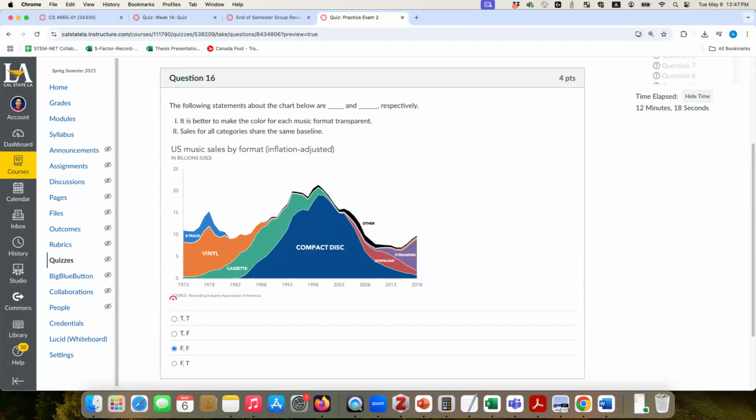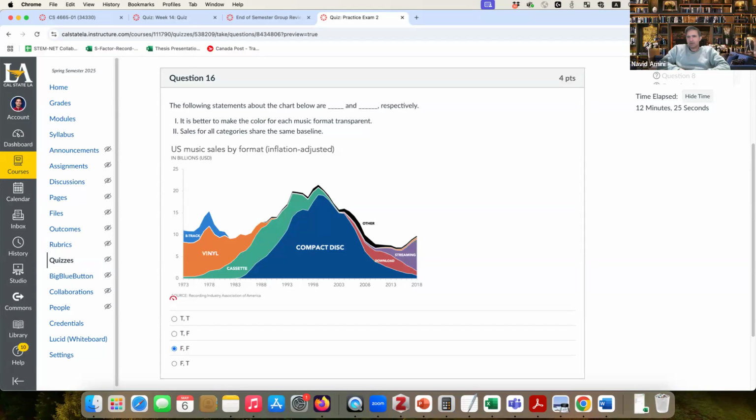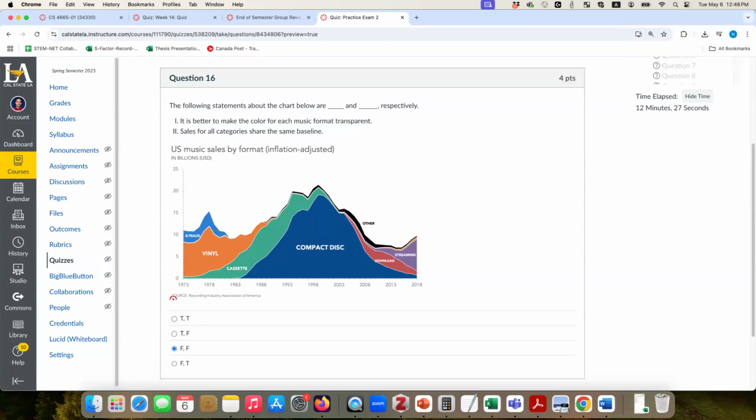So on the left side, it's value in dollars and billions, and it's over a timeline. So for 8-track, at the same year, it's both at 10 billion and below, above 10 billion and below 10 billion on the same year.